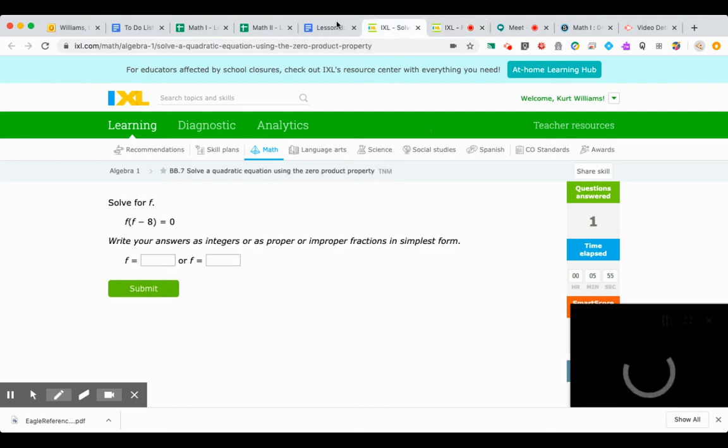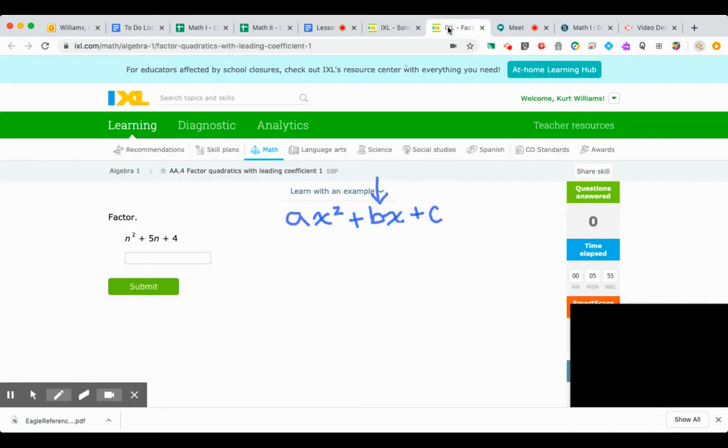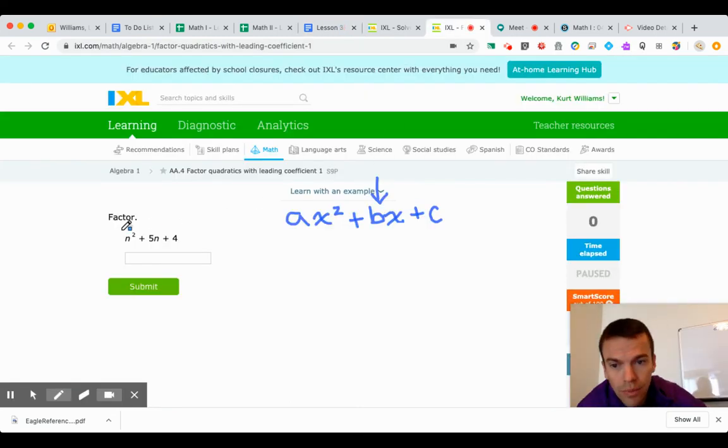Back to the notes, we have to break up that term and rewrite the expression. We're going to use this first strategy. You can also use a diamond problem if that makes more sense to you. But I like multiplying a by c and then listing the factors to find the sum, because we're trying to multiply these together and find factors that add up to the middle term.